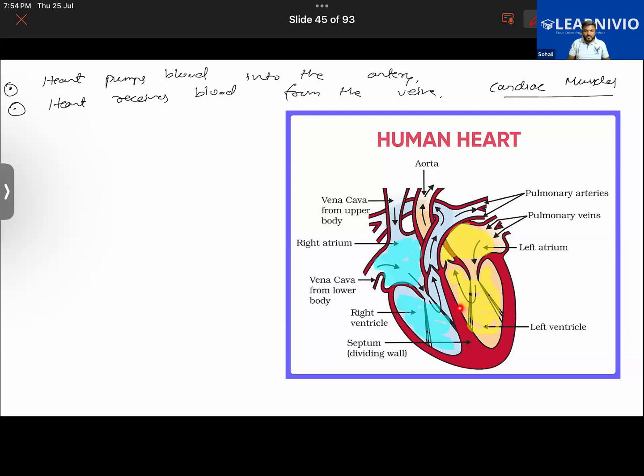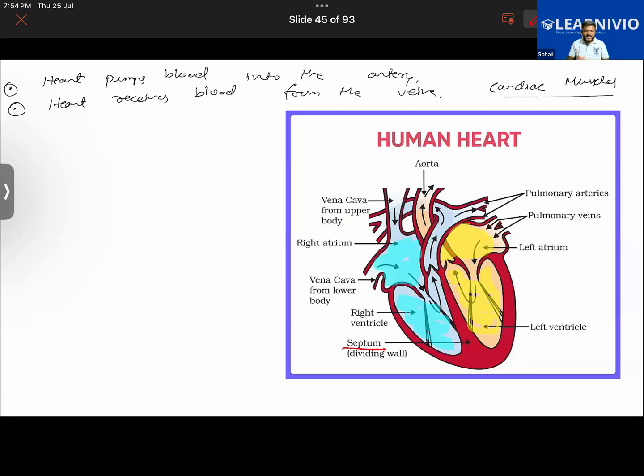Next, you'd observe a muscular structure, the one that I'm pointing at over here, which separates the left and right chambers. This muscular wall is called the septum.